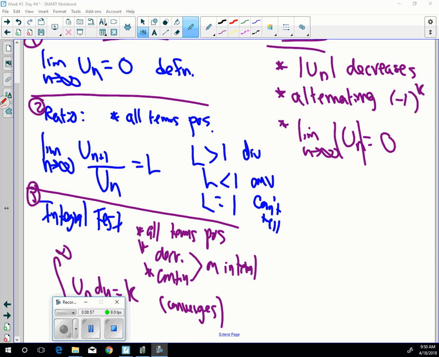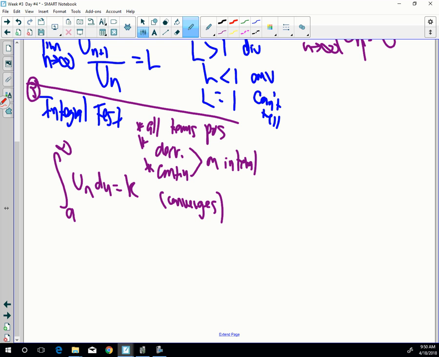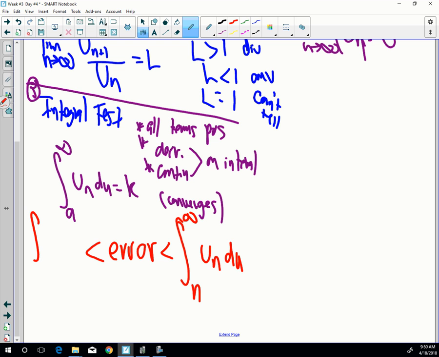Since I have you here, the 2 errors are for the non-alternating. The error is just going to be less than the integral from where you left off to infinity of u of n du, and then it's going to be greater than the integral from n plus 1 to infinity of u of n du.